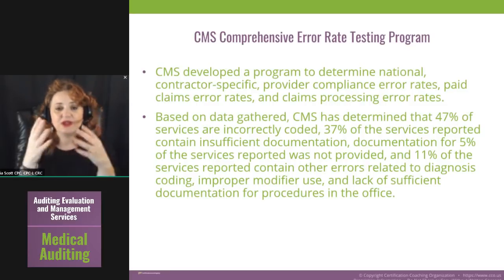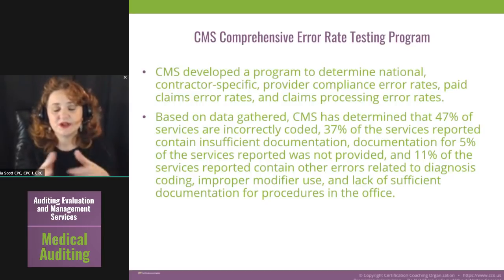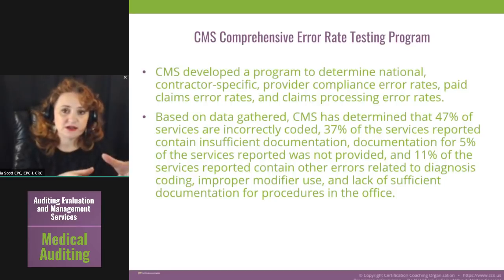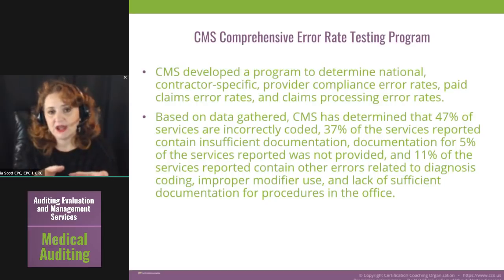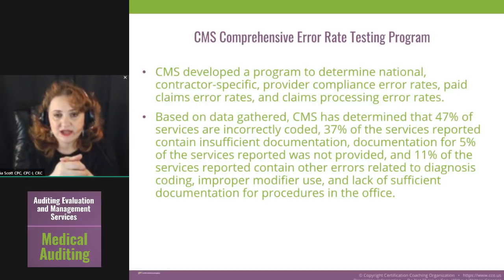Now, when we pull back and look at that, you as an auditor play a huge part in making sure that these statistics get better, because you're going to be auditing, finding errors, and then educating on how to improve these errors.